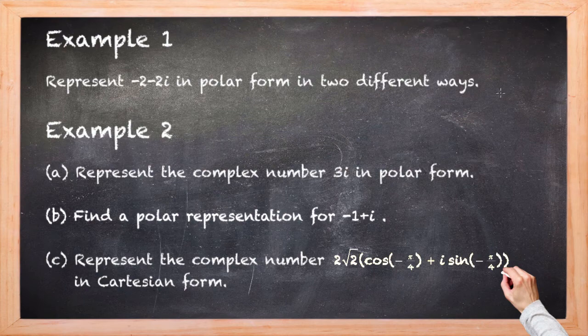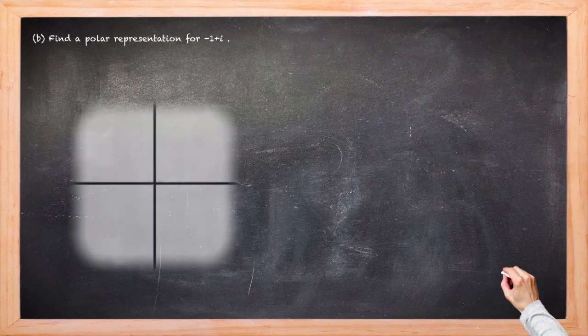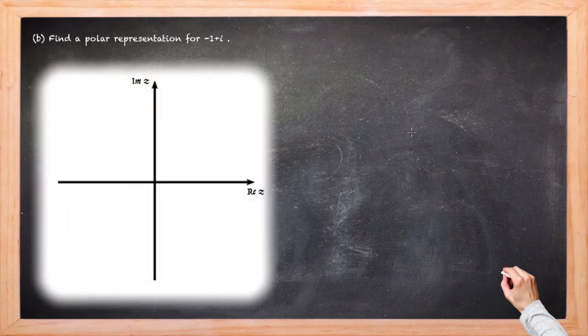So next up is the polar form of negative 1 plus i. So again, let's look at where it is. Real part, negative 1. Imaginary part is 1. So the modulus is the square root of the real part squared plus the imaginary part squared.